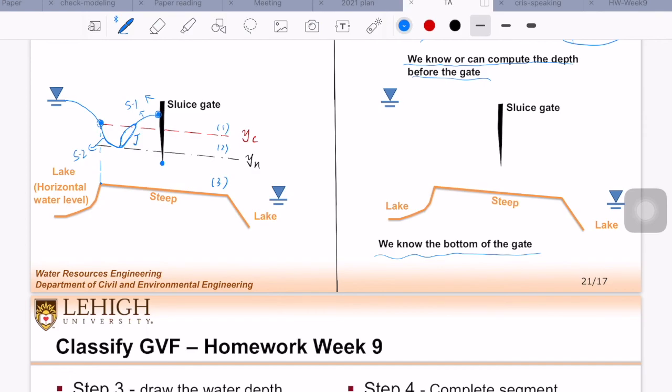And for this control point, we know the water depth at this control point is lower than the critical depth, so we will draw the water surface from the upstream to downstream.